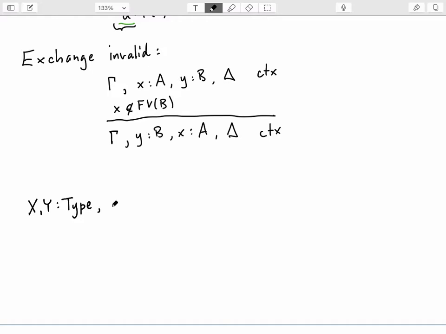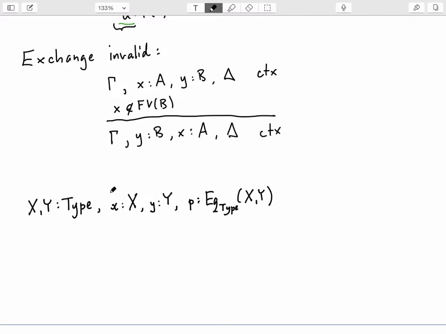Then assume that little x is in X. Then assume little y is in Y. Assume that X and Y are equal types. Okay, so actually this is my gamma.